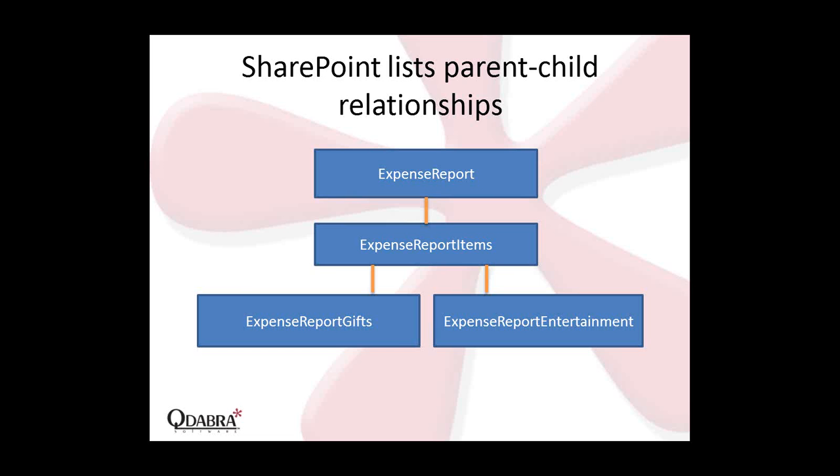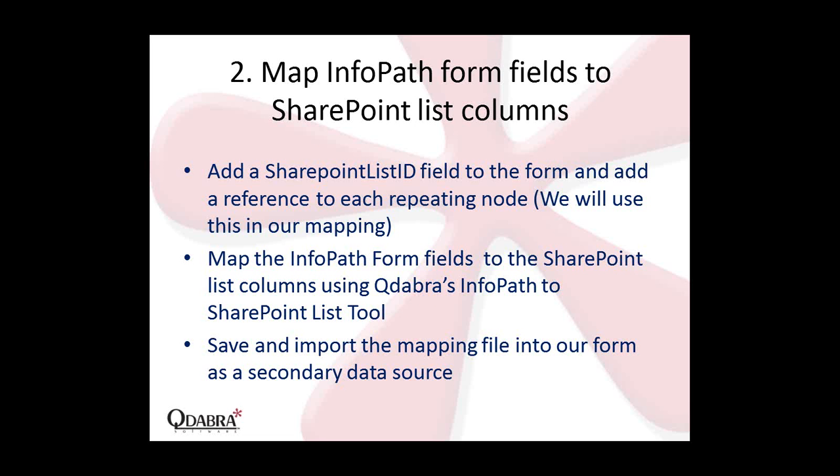The second step is we're going to map our form fields to our SharePoint list columns. First we'll add a SharePoint list ID, and we'll reference each repeating node. I'll show you where we will use this in our mapping.